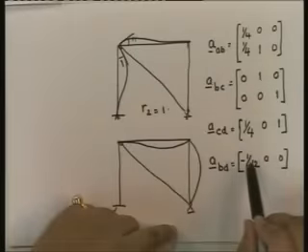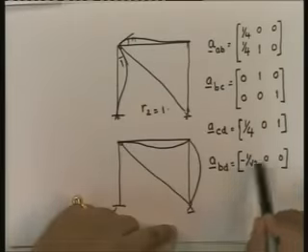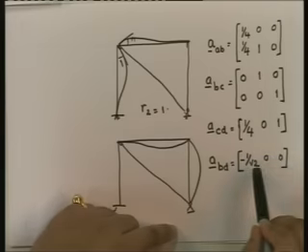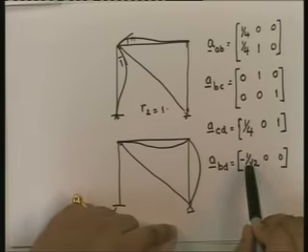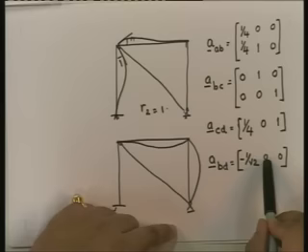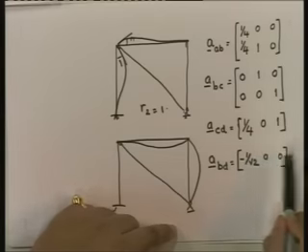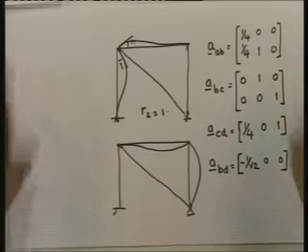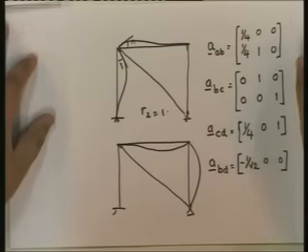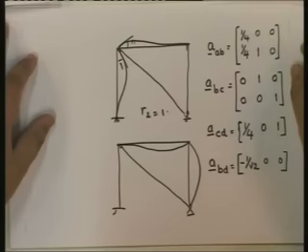Okay, so that's why in this particular case, since BD is only an axial member, this corresponds to the axial deformation in member BD due to R1 equal to 1, due to R2 equal to 1, due to R3 equal to 1. Okay, so in a sense, there is no difference in the entire scheme of things, whether it is an axial member or whether it is a flexural member.